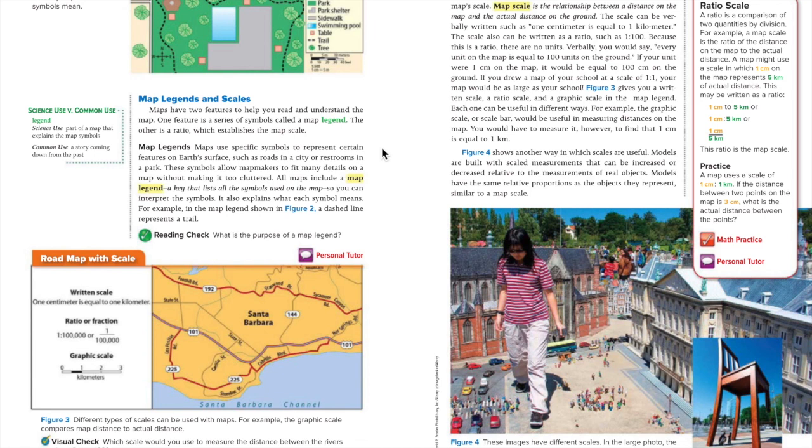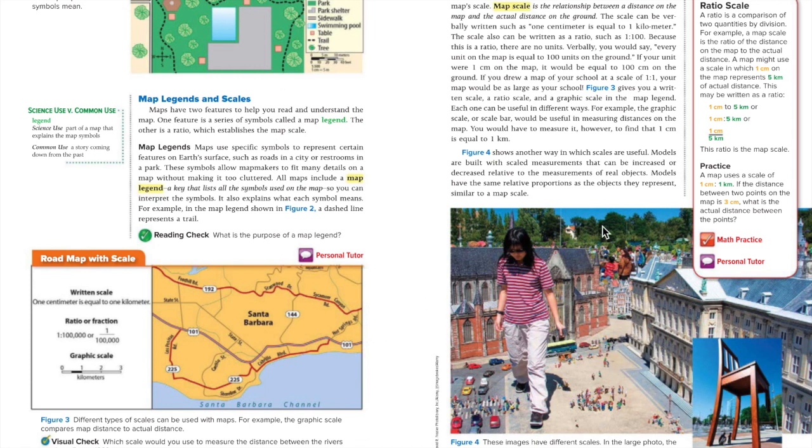All maps include a map legend, which is a key that lists all the symbols on the map so that you can see what the symbols mean. For example, if the map has a dashed line, see this big dashed line that goes all the way around, we can look over here at our legend and it says that that is a trail.